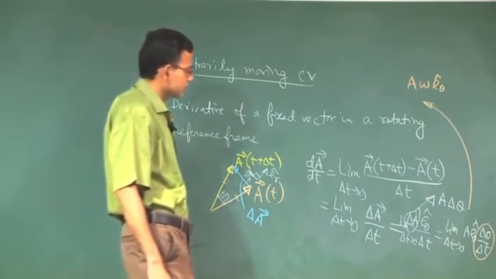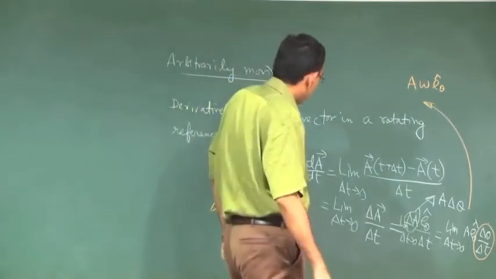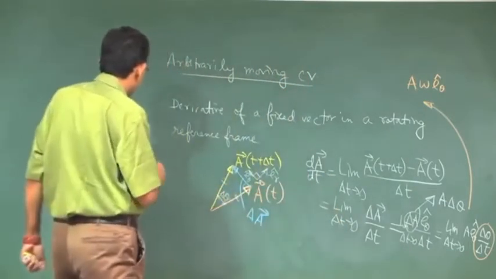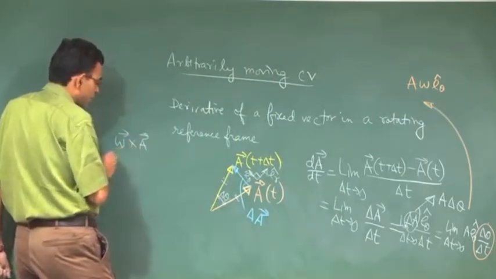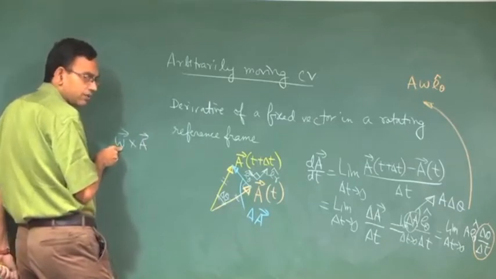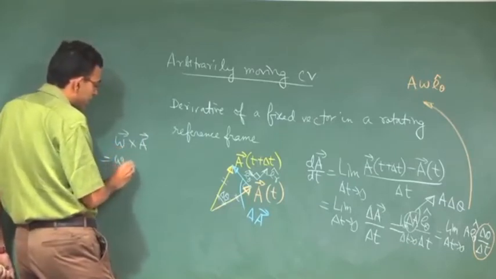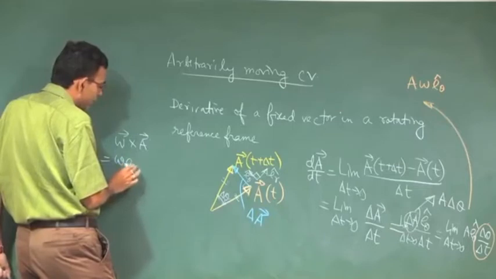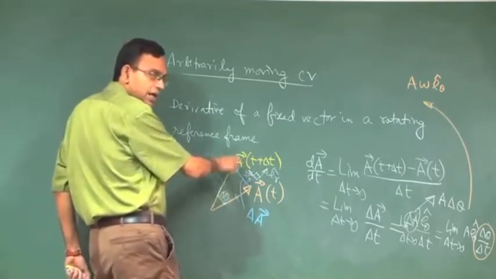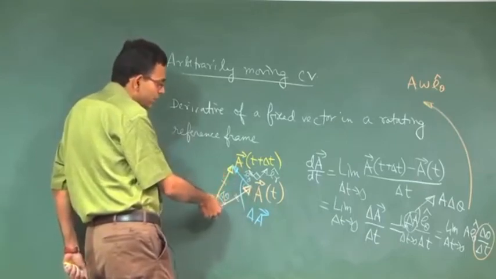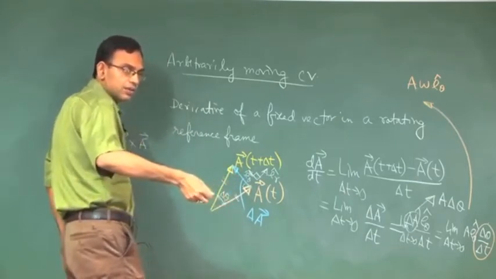Now let us separately calculate what omega cross A is. This angular velocity vector is the scalar omega times the unit vector along the z axis, because the rotation is taking place in the r theta plane. So the rotation vector is along the z axis.